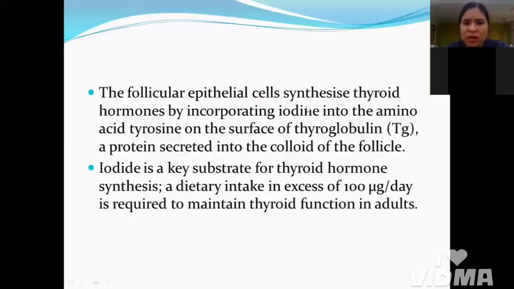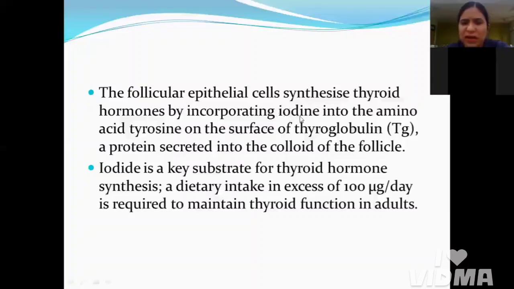So these follicular cells require iodine. Iodine is a halogen and a trace element which the body cannot produce, so we require it in our daily diet. The government has made plans and programs to iodize salts. So we have to take iodized salt, and other food items also have iodine.